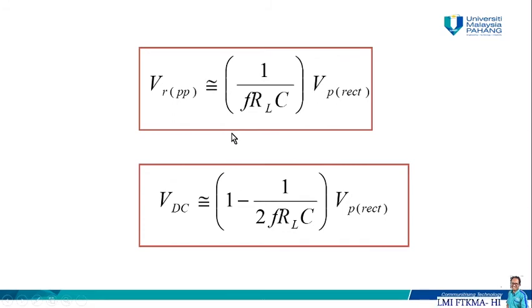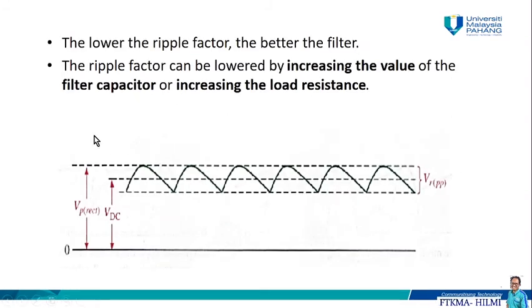While the average DC of the filter output voltage is approximately equal to 1 minus 1 over 2FRLC, times VP rectified. VP rectified is the unfiltered peak rectified voltage, which is this part.